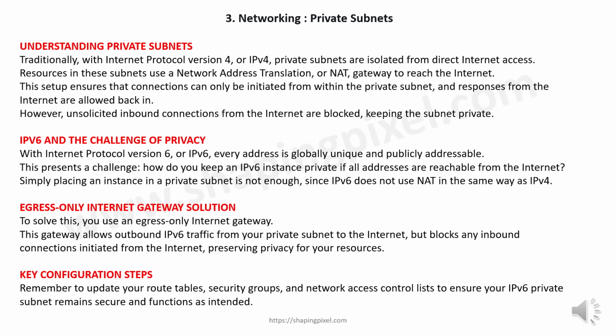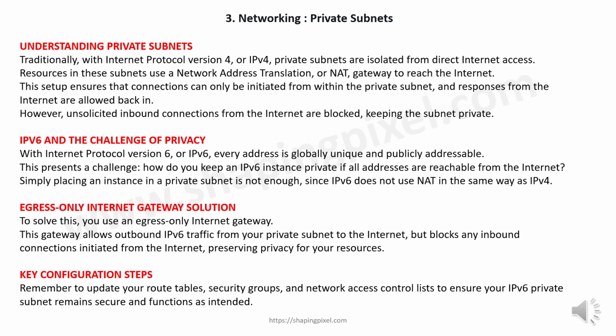Resources in these subnets use a network address translation, or NAT, gateway to reach the internet. This setup ensures that connections can only be initiated from within the private subnet, and responses from the internet are allowed back in. However, unsolicited inbound connections from the internet are blocked, keeping the subnet private.